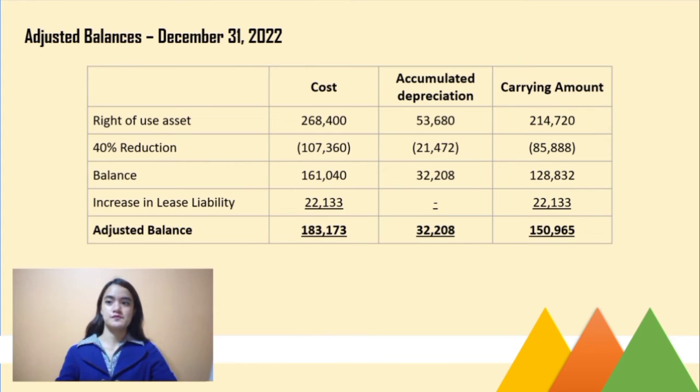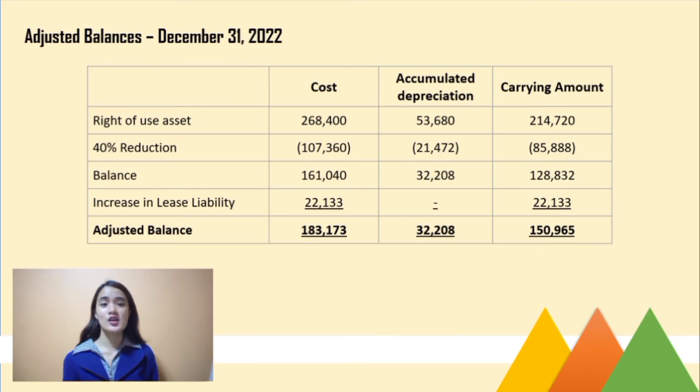Since nagkaroon ng 40% reduction doon sa scope ng lease natin, we will reduce it doon sa ROU natin. On the column of the cost, the ROU minus the reduction of 40%, we will get 161,040 pesos as balance. The accumulated depreciation will be 32,208 pesos, and the carrying amount of 128,832 pesos.